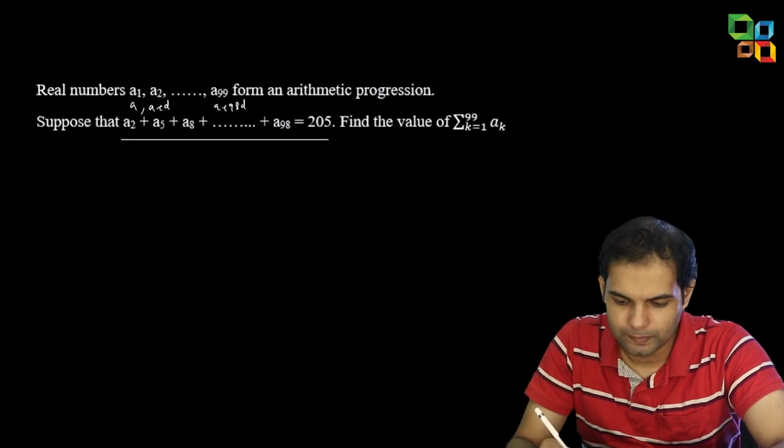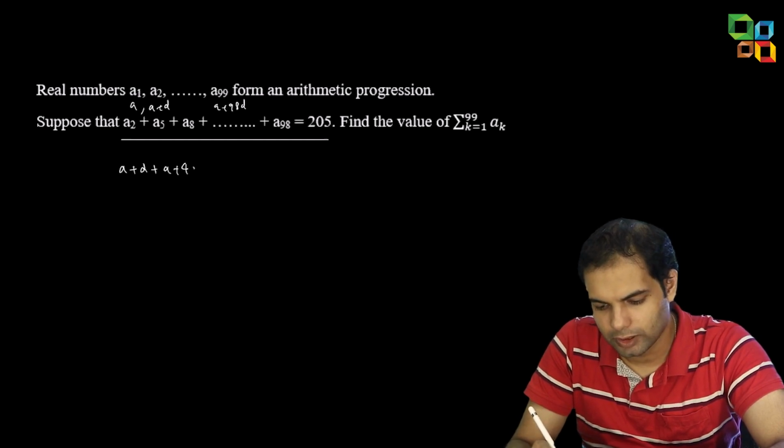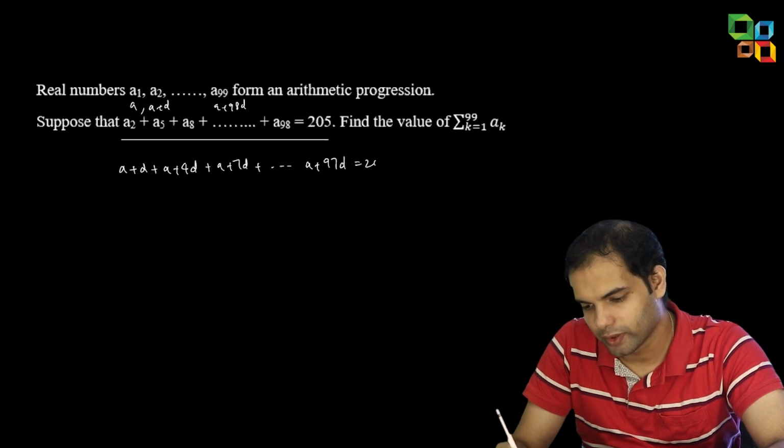So A2 plus A5, I did it as A plus D plus A plus 4D, and so on. So A plus 7D. This is 205.